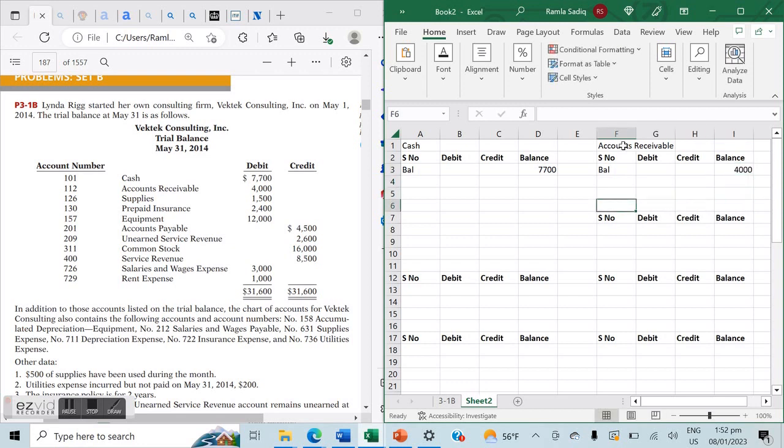Then we have our supplies, and this has a balance of $1,500, and we're just going to keep making this list. You can just keep seeing how we do this. It's just picking up every number off of our original trial balance and putting it into the ledgers over here.